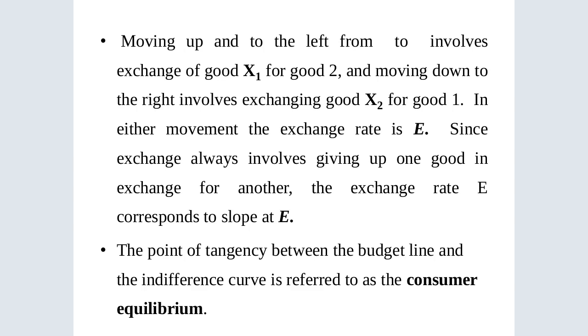Now, in simple terms, the exchange always involves giving up one good in exchange for another. And the exchange rate in that case corresponds to the slope E. Now, the point of tangency between the budget line and the indifference curve is referred to as the consumer equilibrium.